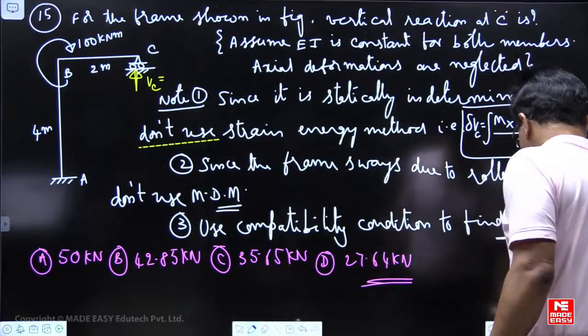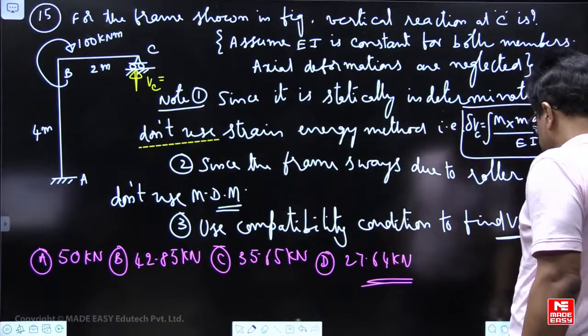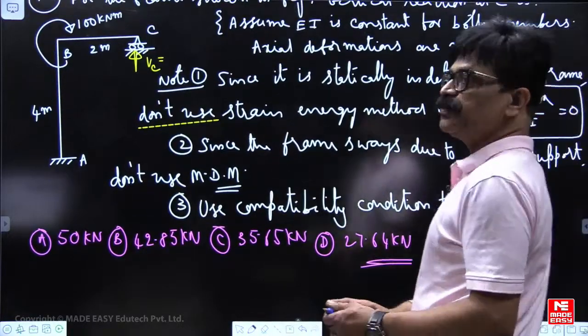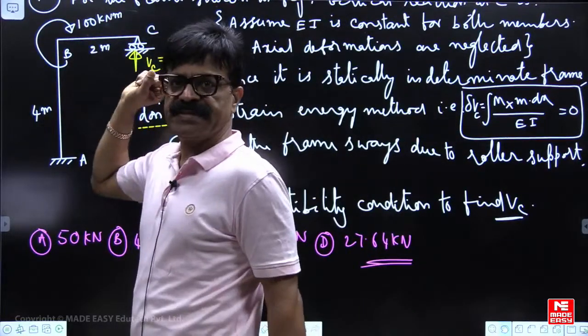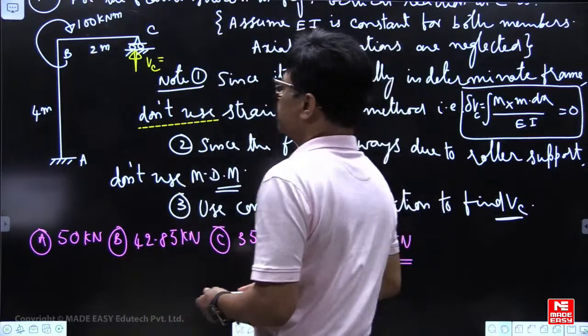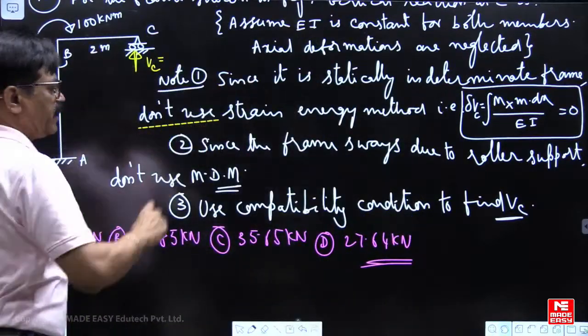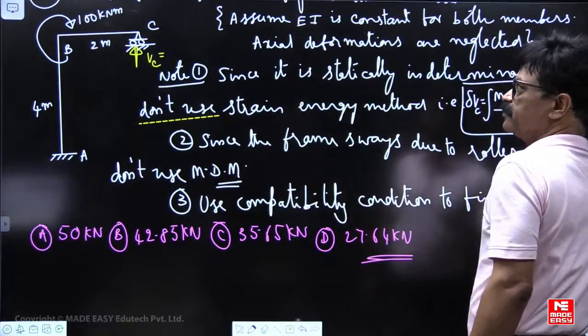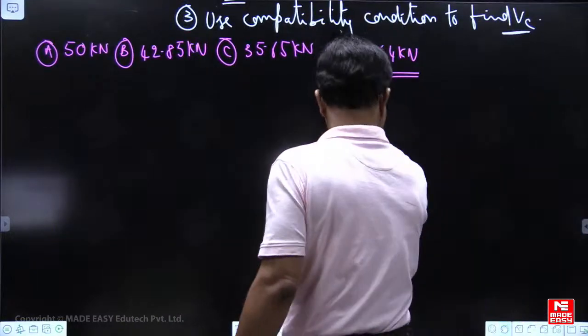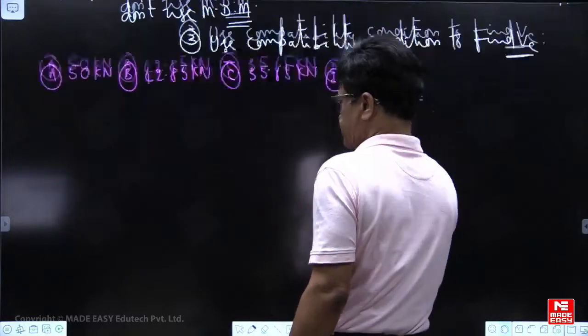Now let us see how we should manage the solution. First, due to the applied moment, we will find the downward deflection at C. So this will bend like a straight line since no load was there. What's the span? 4 meters.